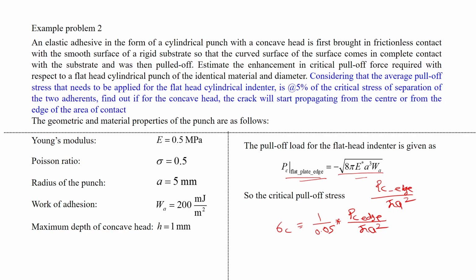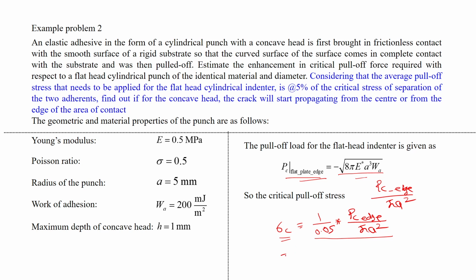So, that is the average pull off stress, and this average pull off stress is 5% of the critical pull off stress that this interface can take. That is sigma c. Therefore, we can obtain it like this.